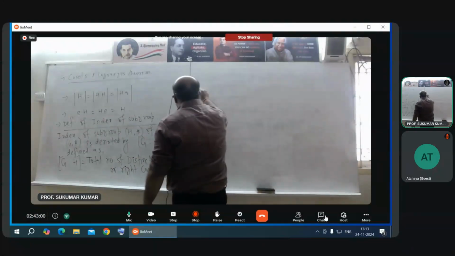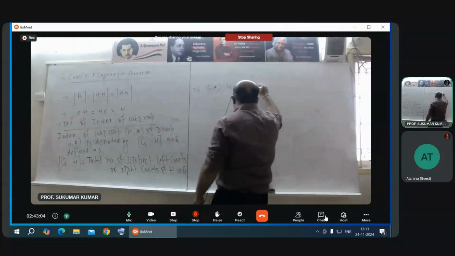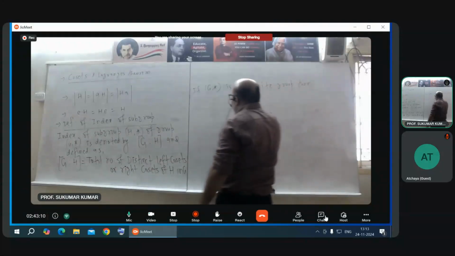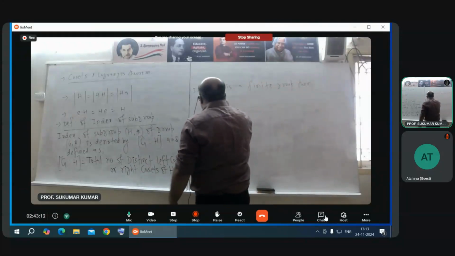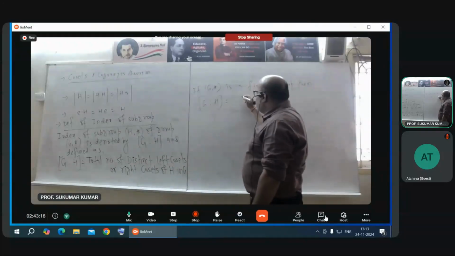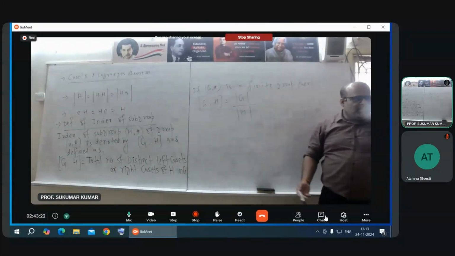Suppose our G star is a finite group. In the finite group case, not the infinite case, the index is equal to the order of G divided by the order of H. This is the work we are doing, no?